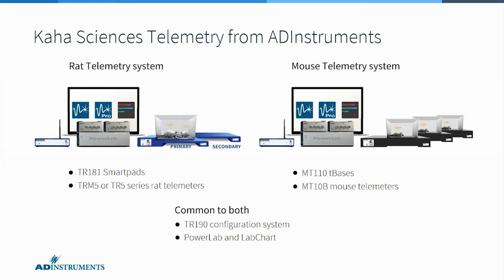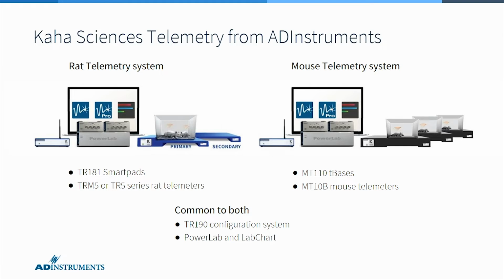The mouse telemetry system comprises the MT110T bases, which are the data receivers for the MT10B single biopotential mouse telemeters. The smart pads and the T bases also act as wireless power devices to provide power to the telemeters. I'll explain what this means for data collection in the next slide.